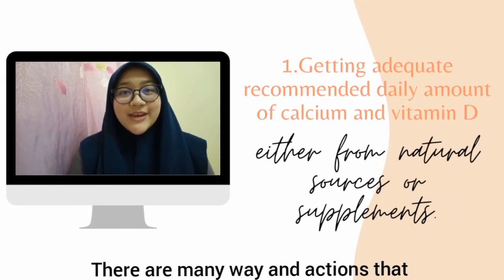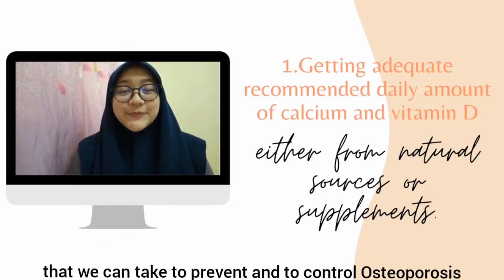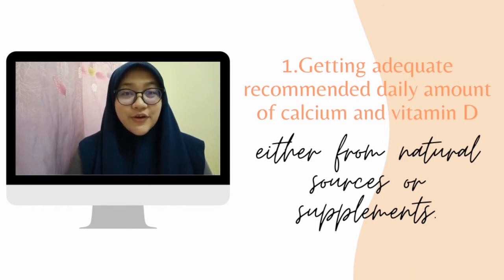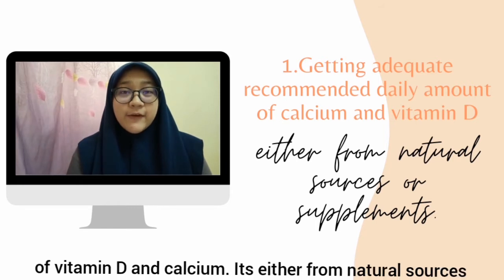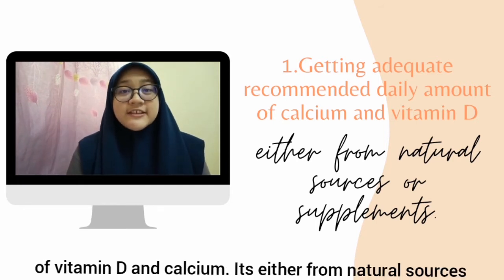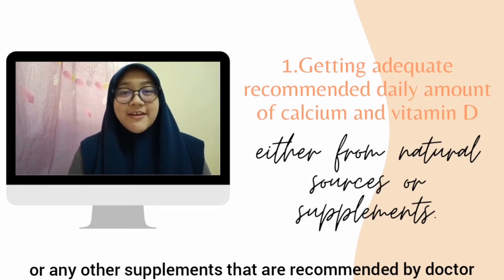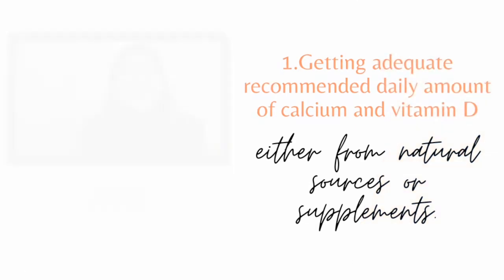There are many ways and actions that we can take to prevent and to control osteoporosis. First of all, get the recommended daily amount of vitamin D and calcium, either from natural sources or any other supplement that is recommended by a doctor.